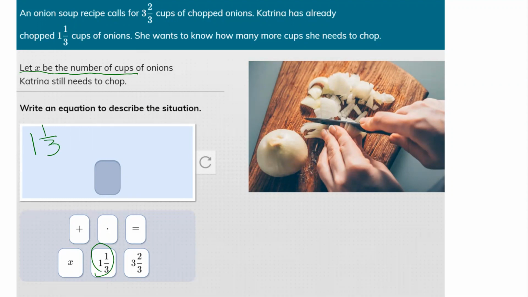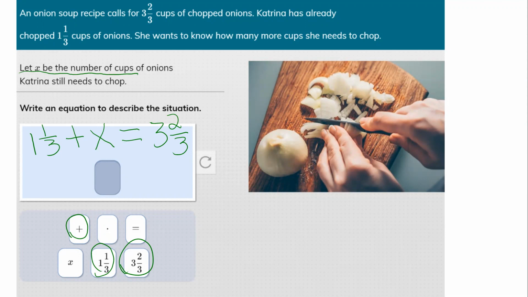1 1/3. And if we would add to that some unknown number that she still needs to chop, right? All together, total, we would get a total of 3 2/3 cups of onions, okay?